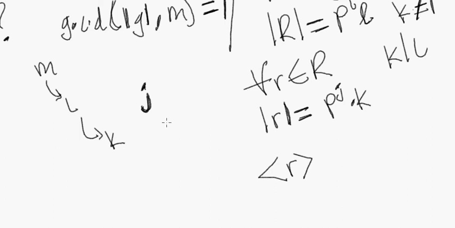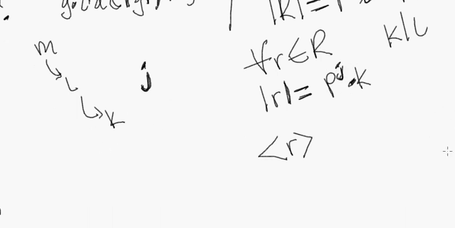So doesn't that mean that p to the alpha times m is strictly bigger than p to the i times L, which is strictly bigger than, well, actually, it could be less than or equal to, couldn't it? Okay.